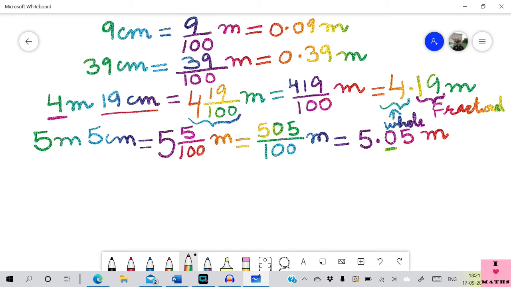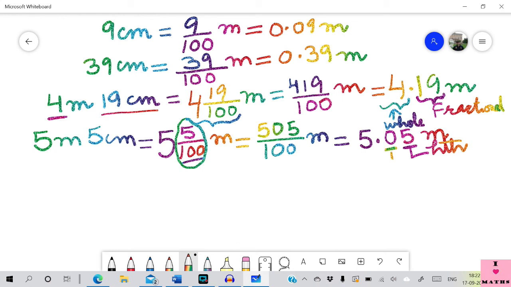Now here children, some children make a mistake and forget this 0. That would be totally wrong, beta. Why will it be wrong? Because here 5 is out of 100 equal parts. So this is hundredth. It should be on the 100th place. So how will 5 come on the 100th place?